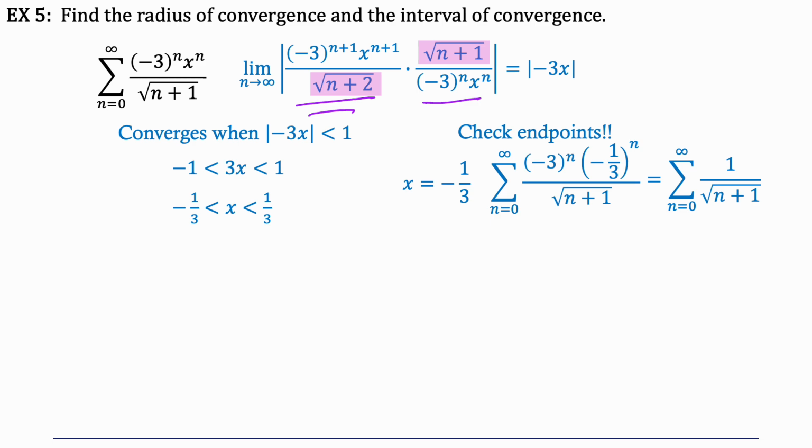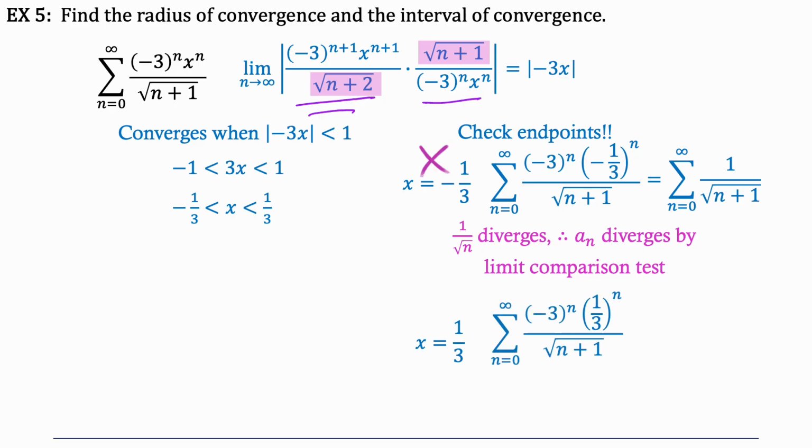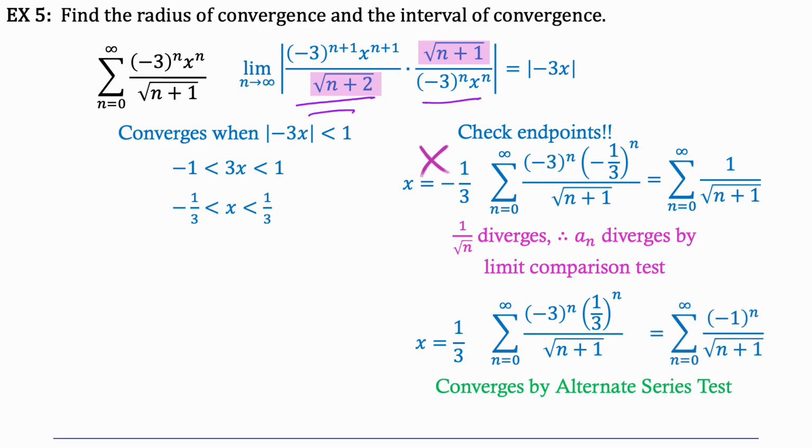For the sake of time, since I know you're a whiz at convergence and divergence tests, I will tell you that this one diverges by the limit comparison test. Next, we have to plug in positive 1/3, and we'll simplify that. And this one converges by the alternating series test.